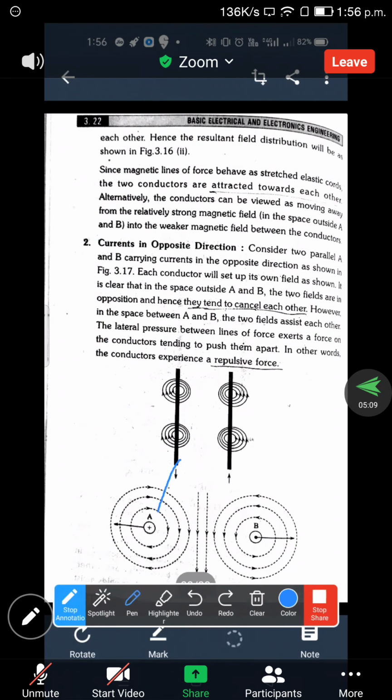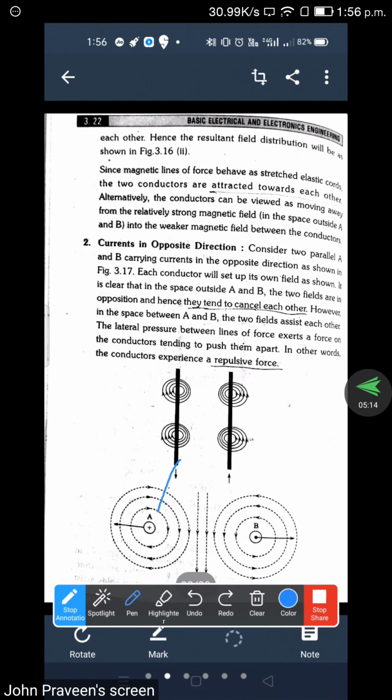You can see here in figure 1 as well as in figure 2, here it is in the counter-clockwise direction, and here also we are getting the counter-clockwise direction.